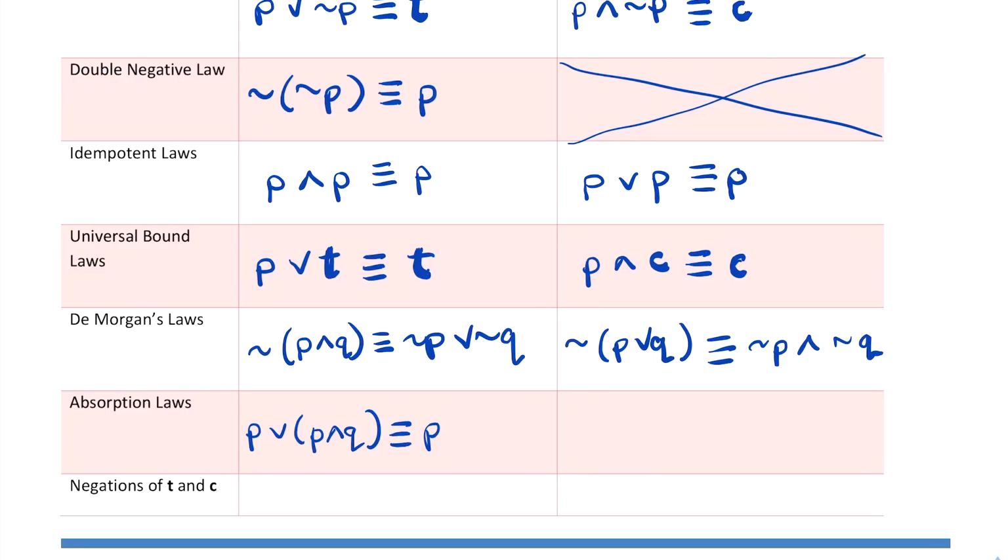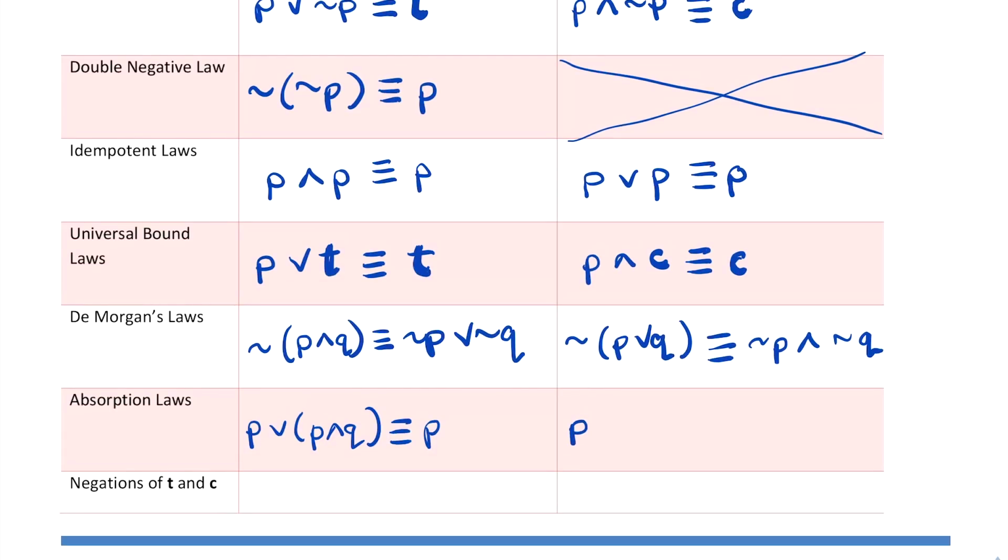And if you have P and P or Q, it turns out that that's logically equivalent to P. And negations of T and C: not true all the time is logically equivalent to a contradiction, and not a contradiction all the time is logically equivalent to a tautology.